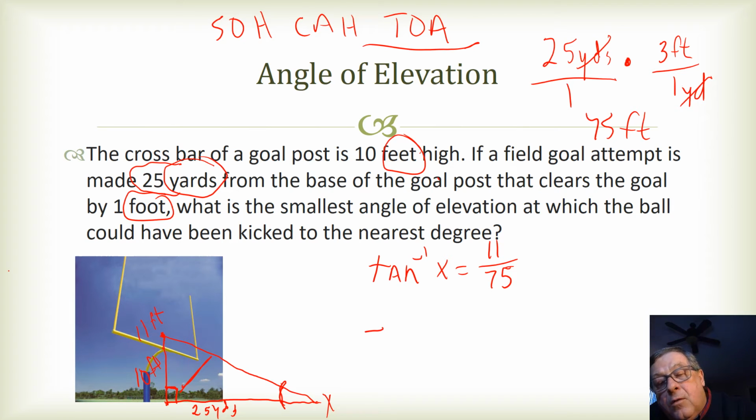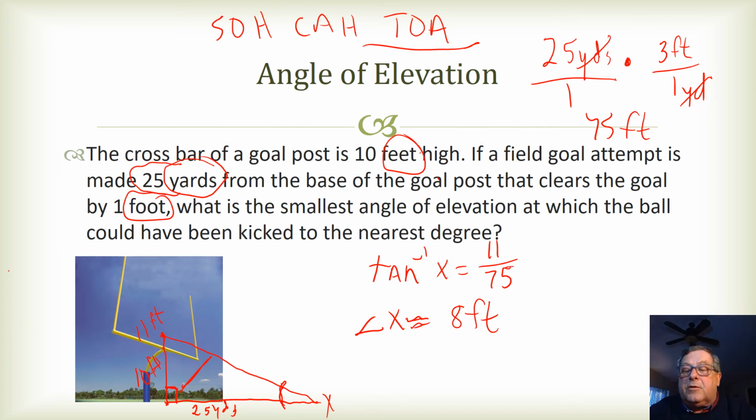So the angle of elevation, or the angle x, is going to be, let's see, inverse tangent of 11 over 75, enter, 8.3. It's going to be approximately 8 degrees.